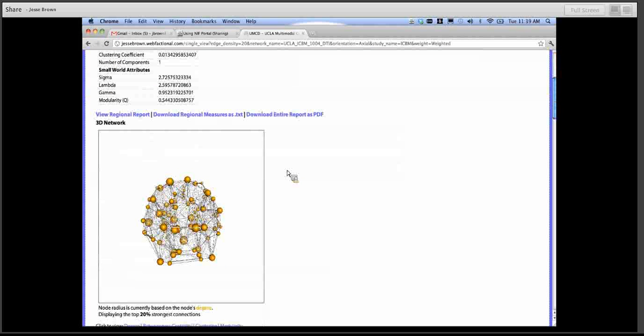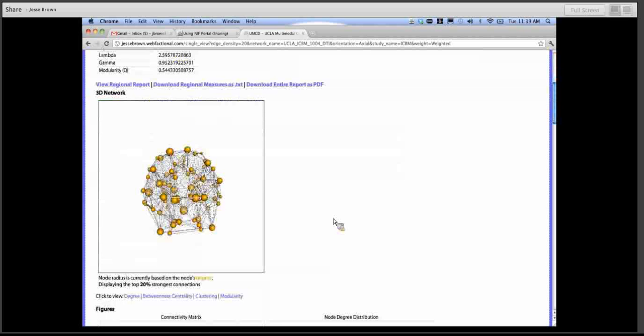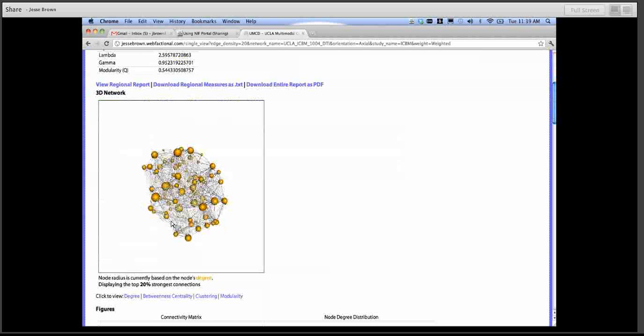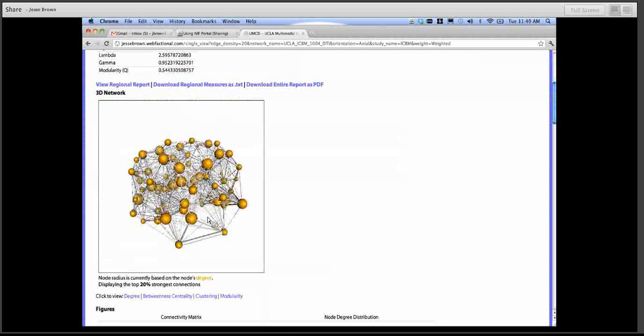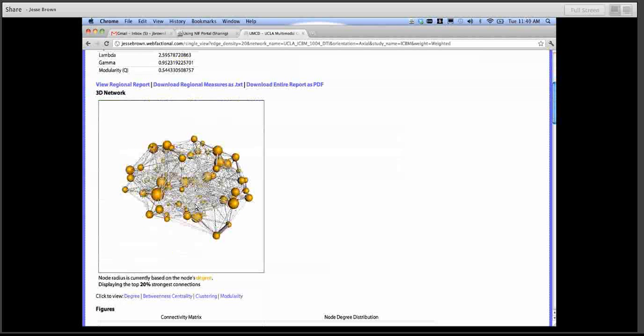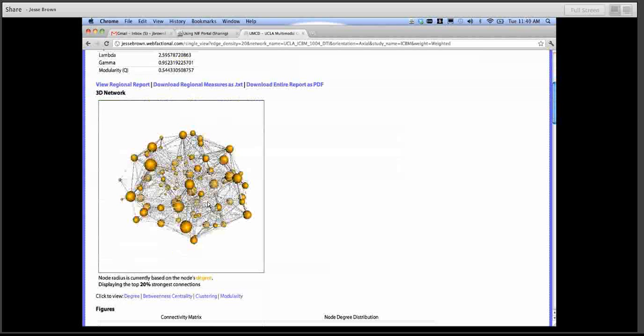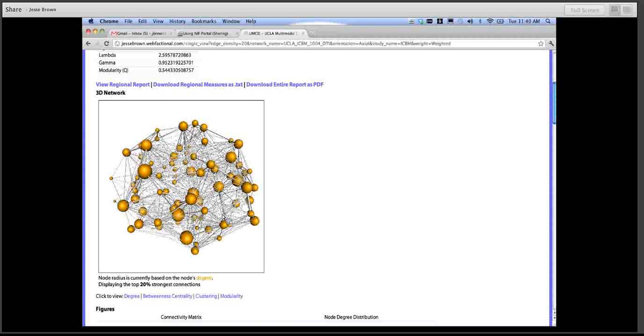First, I'll show you this 3D representation. So this is using WebGL to get a 3D representation of the network. And so what we can see is the regions that are connected.